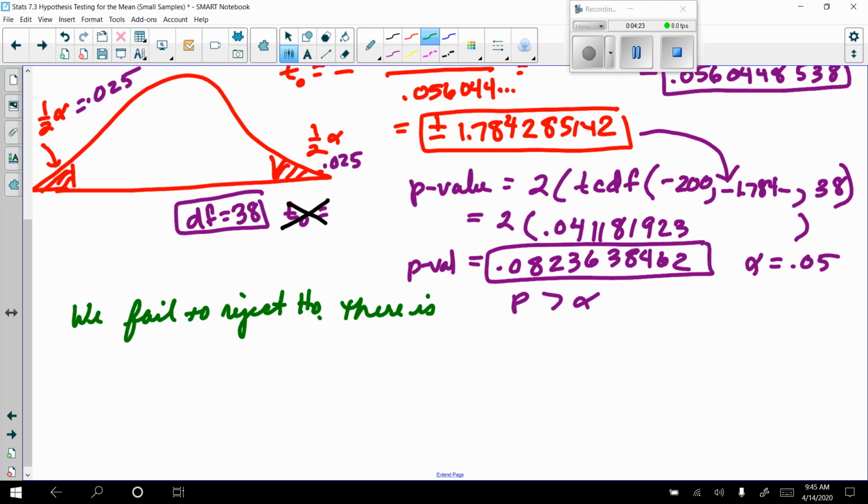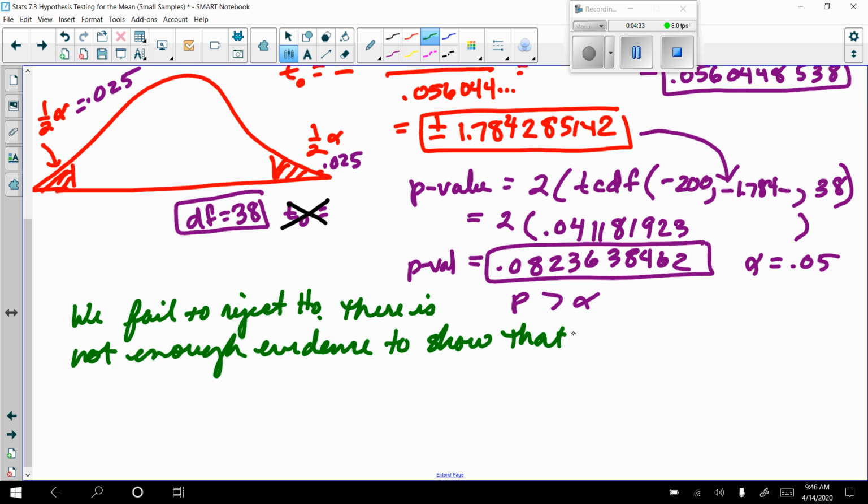There is not enough evidence to show that the mean pH level is not 6.8.